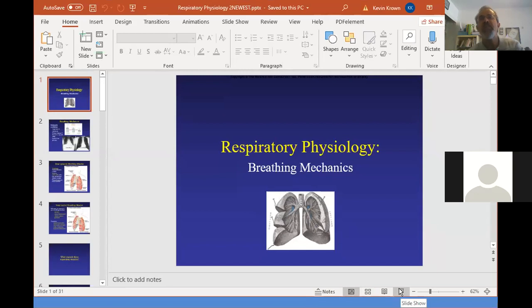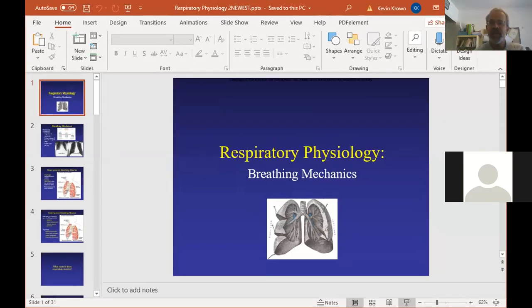We learned that the alveoli are the site of gas exchange, but that's also where surfactant's produced. Surfactant is a substance that prevents the alveoli from collapsing, which they would do just due to the presence of fluid.